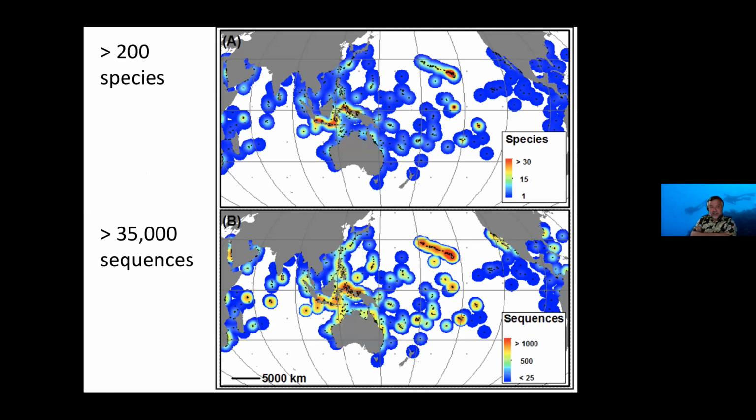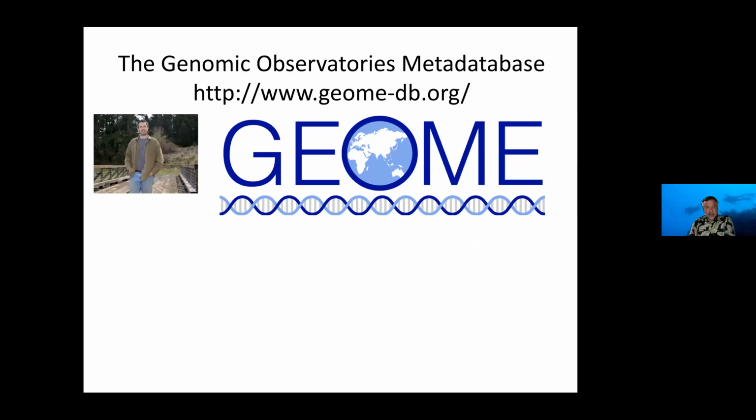So we ended up putting together a database of over 35,000 mitochondrial sequences from 200 species across the Indo-Pacific. This just shows the distribution of species and sequences across the region. And I happened to end up talking to John Deck, who had been developing something that he called the Field Information Management System. This is like a laboratory information management system, but his big point was that samples don't originate in the lab, they originate in the field.